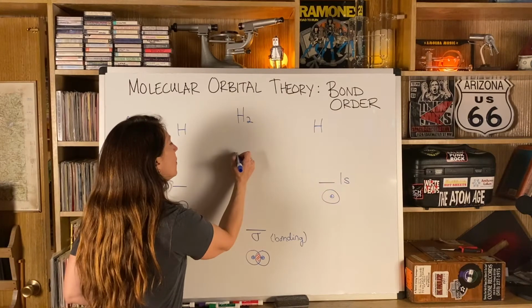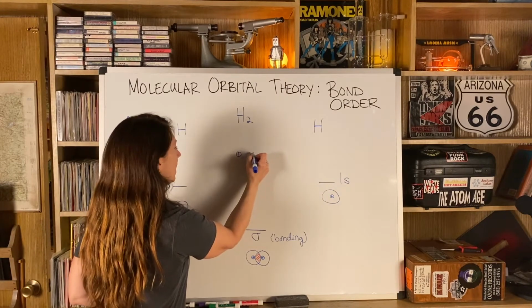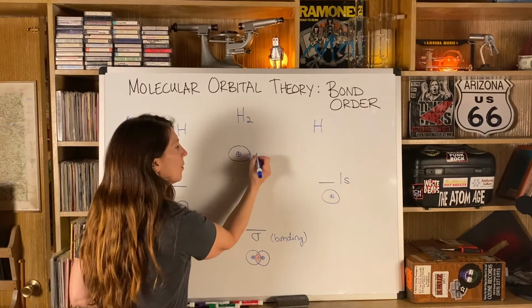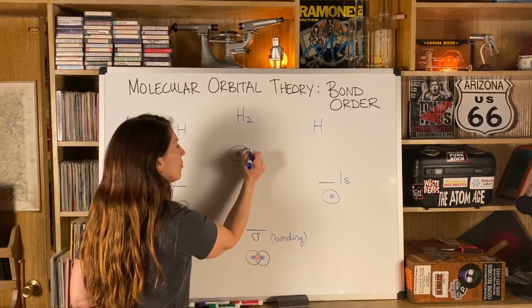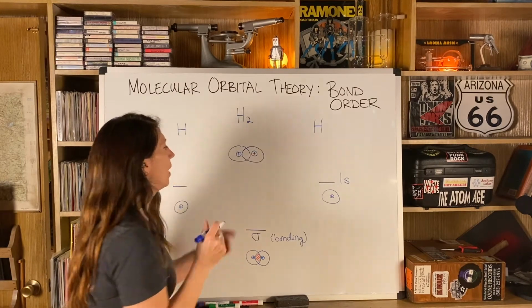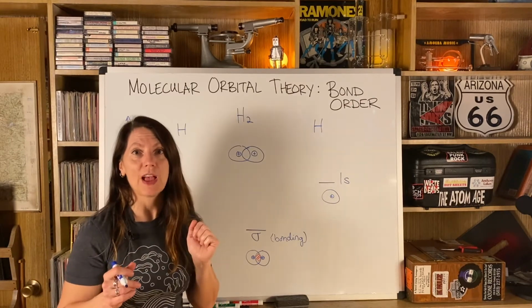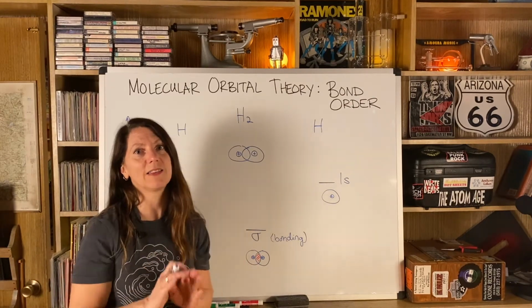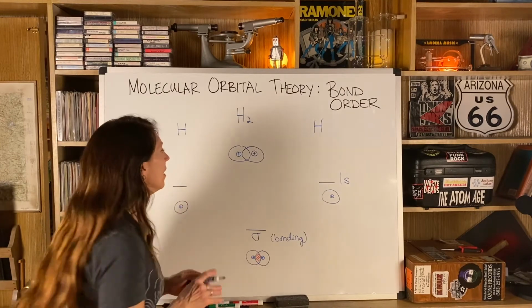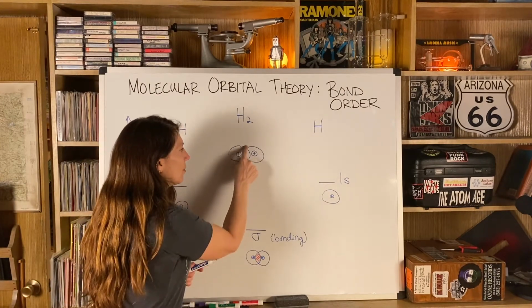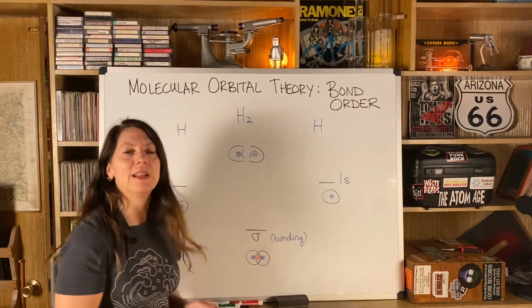I'll put it here. So let's consider once again, if we have this one s orbital, and this one, and they're overlapping, but now destructive interference is happening. We're going to subtract the overlap. Okay, so essentially what we have done is we have put in a node.